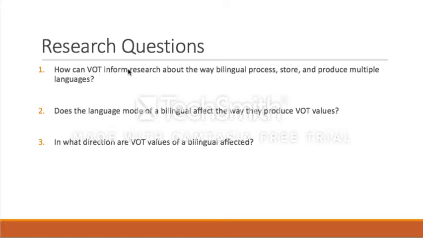And VOT has become a variable of speech that we can look at for beginning oral stops such as ba, pa, ta, da, ka, ga, as a way to quantify this and hopefully lead to some understanding of what is actually happening in a bilingual's brain.